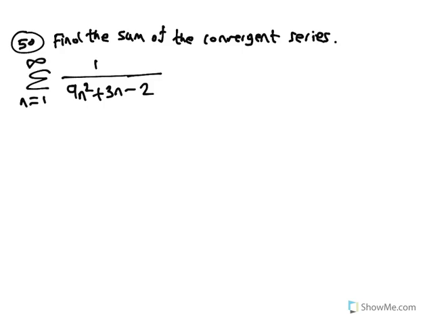So here we have number 50. Find the sum of the convergent series, and you'll notice that the description of the nth term is the same as the result of the addition of the two rational expressions that we did earlier. So now we're going to rewrite the nth term using partial fraction decomposition, and the purpose for that is this.